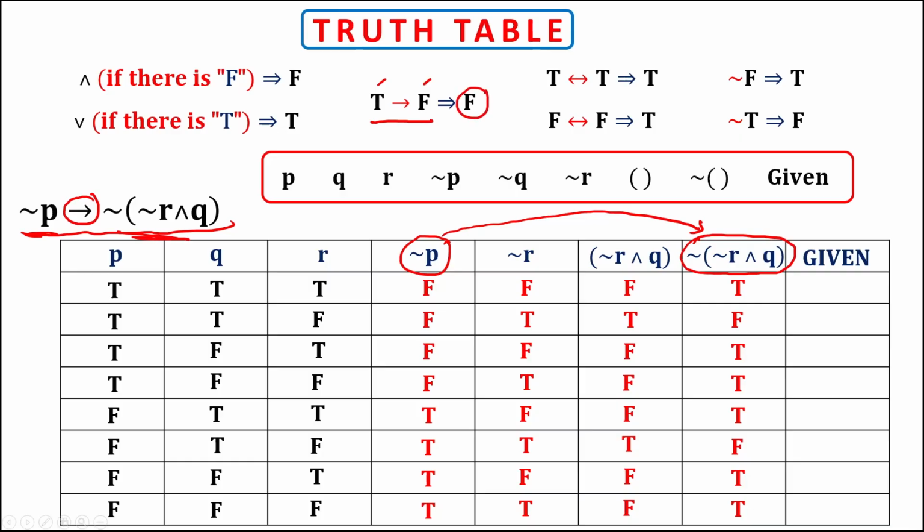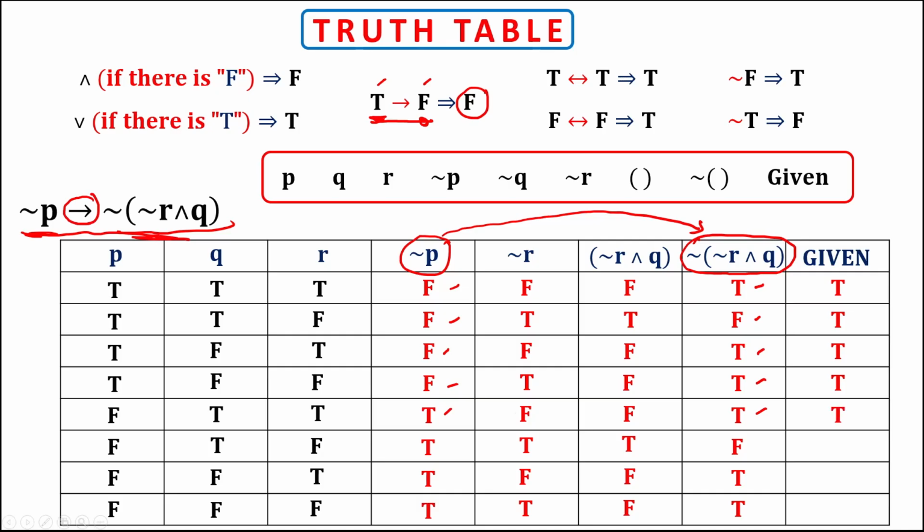The rest are true. So this one is false implies true. This one is true because again, only true implies false is false. This one is false, arrow to false. This one is true. False, arrow to true. This one is also true. False, arrow to true. This one is true. True, arrow to true.